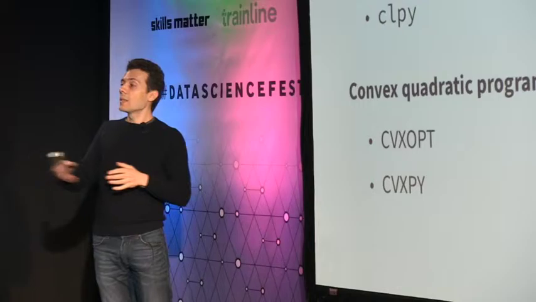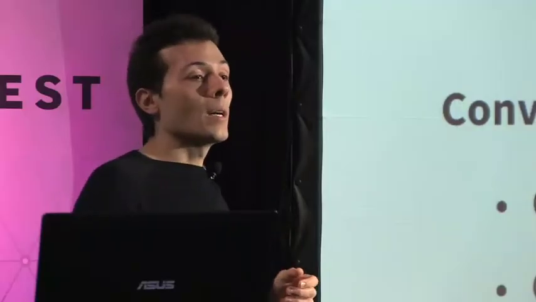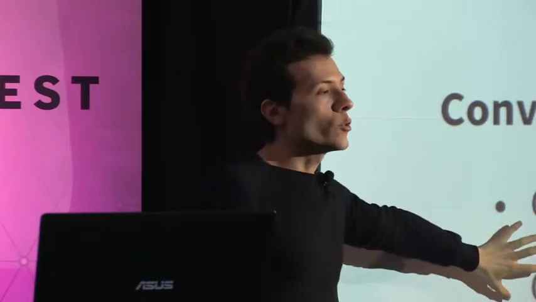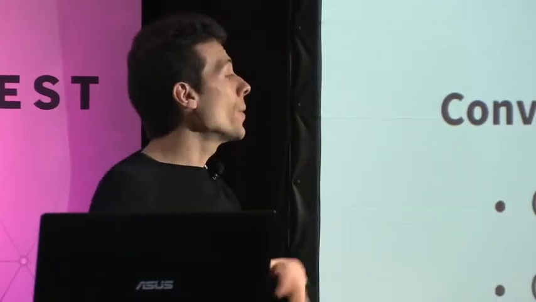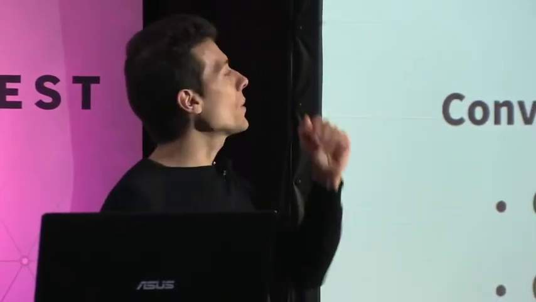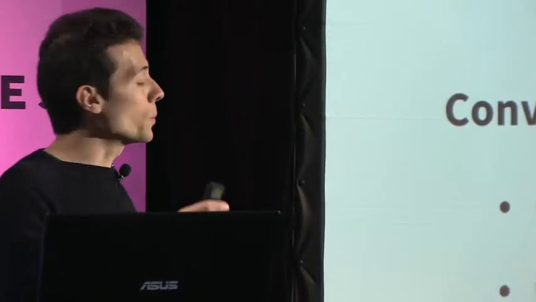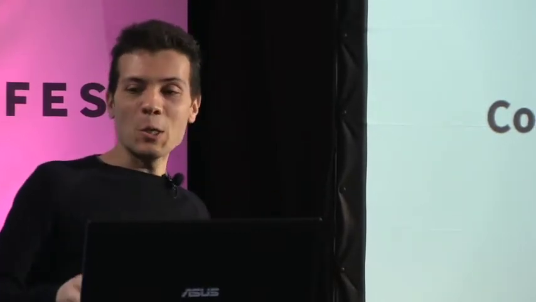So you write almost like you would write on a piece of paper, you write some maths, code it in, this is then translated to the matrix form for you, passed to the solver, and then you get the solution back. So it's all very high level, and you don't see much of the NumPy arrays that are used in the background. Right. So those are the two main forms, linear programs and quadratic programs.